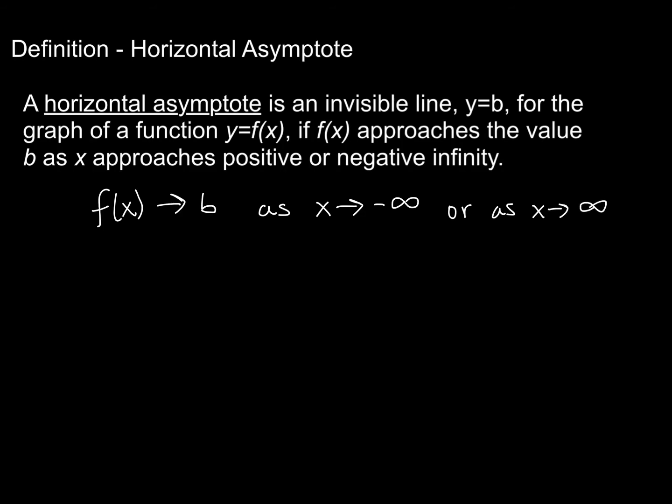Because that will mean that our function, as we move further to the left and further to the right, is going to be getting closer to this particular value, b. And just as we made a table in the previous situation, we can continue making these tables to identify where these horizontal asymptotes occur. And we're going to make 3 tables to identify some horizontal asymptotes and try and learn a rule that we can apply that will be much more efficient than making a table at all times. So let's go ahead and try this out.